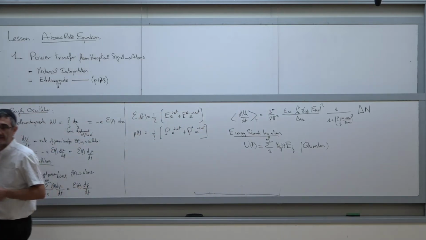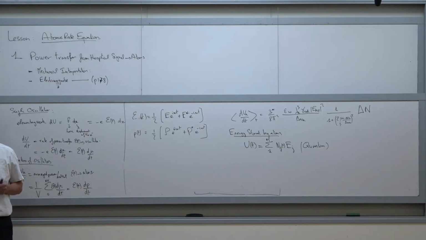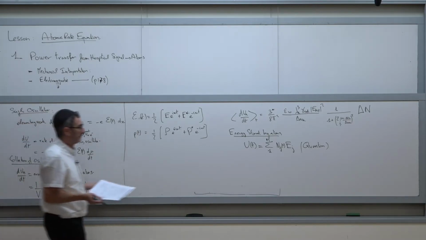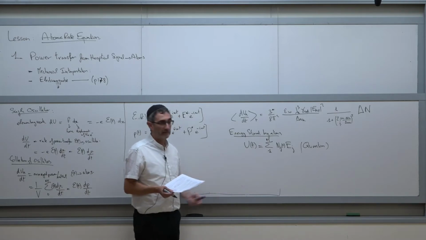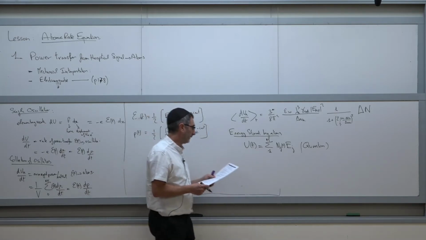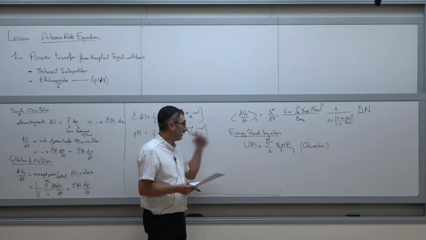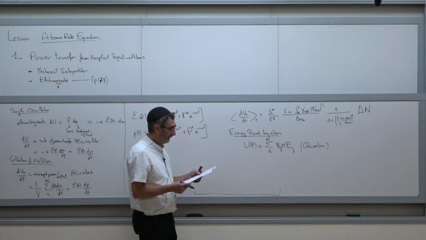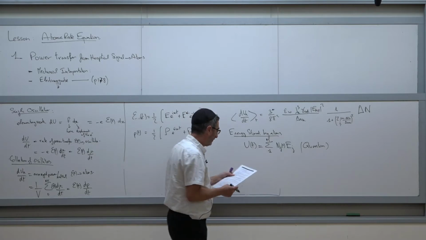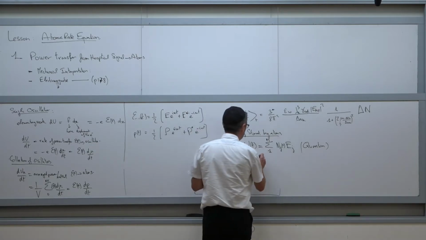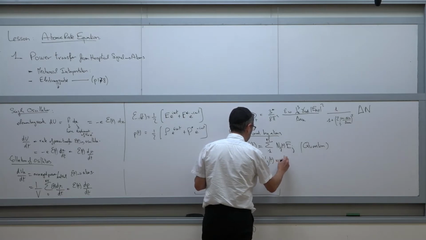If you think about the energy of the system, let's say the total number, the sum from 1 to n of the nj of t, is a constant.